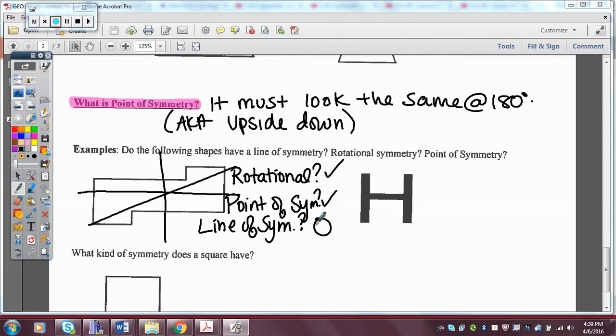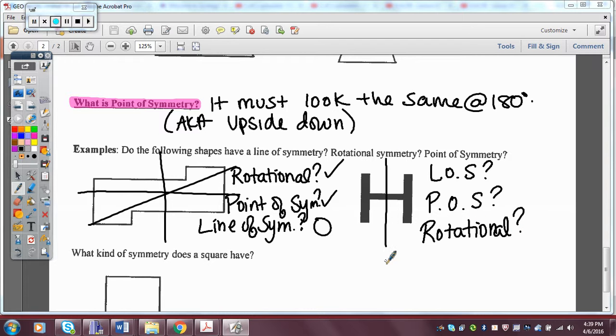So look at H. Line of symmetry, point of symmetry, rotational symmetry. Line of symmetry, there's one. Point of symmetry, yes. Rotational symmetry, yes.